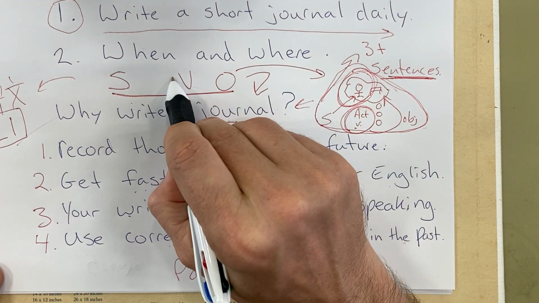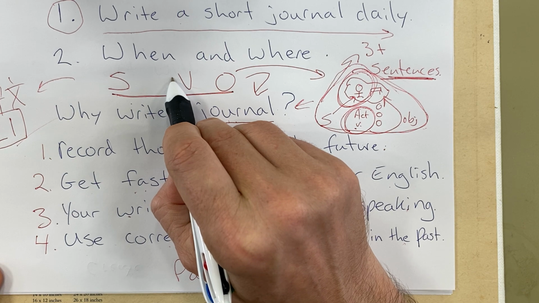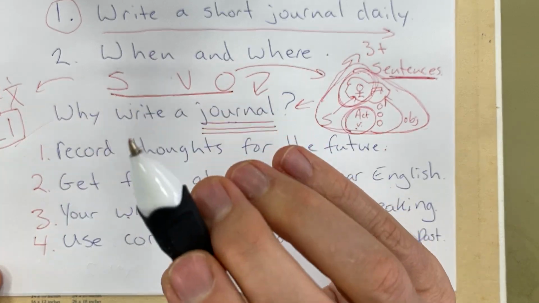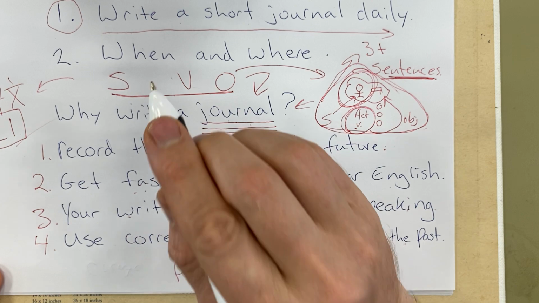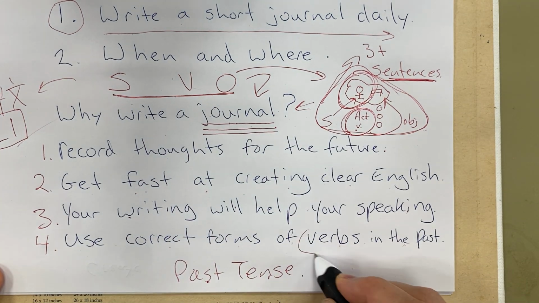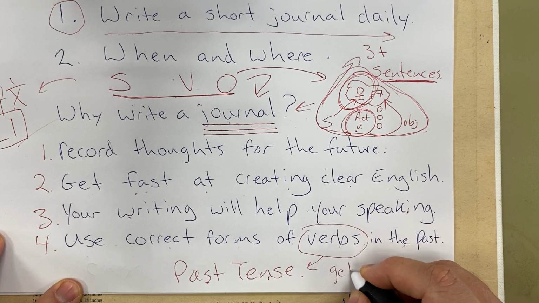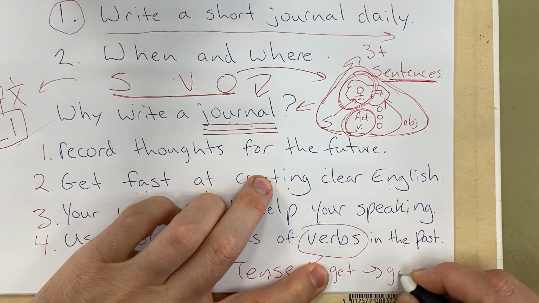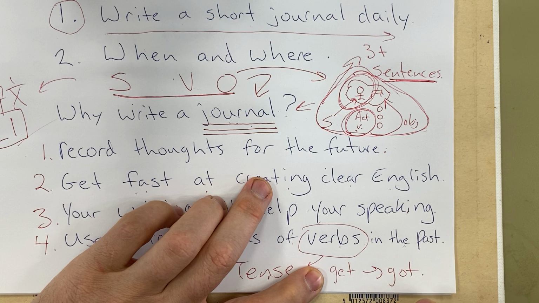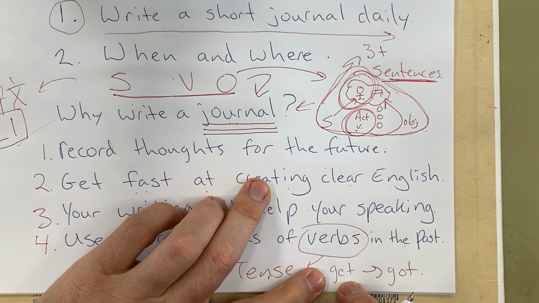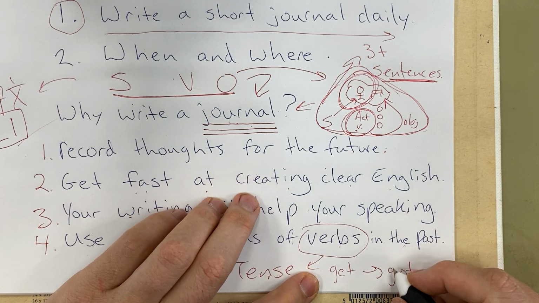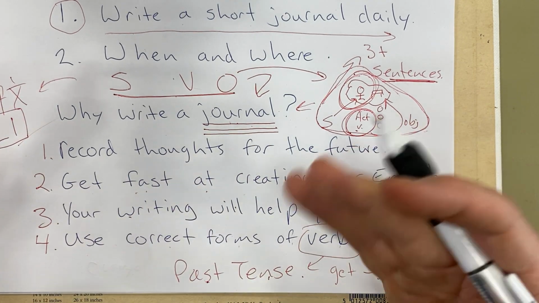When you're speaking to somebody face to face, you don't have as much time to practice turning this verb into the past tense. So get to got, for example. You don't have much time to do this. And often you forget and just say get instead of got. But in your journal, it's slow.